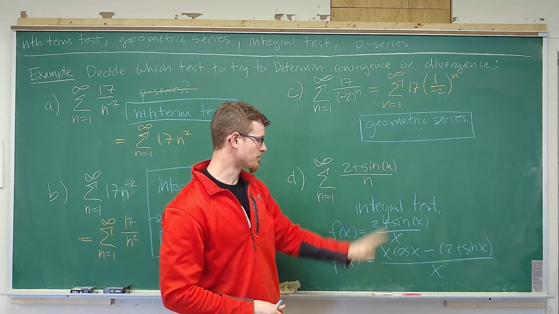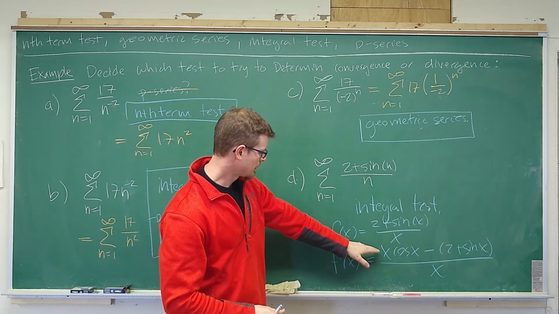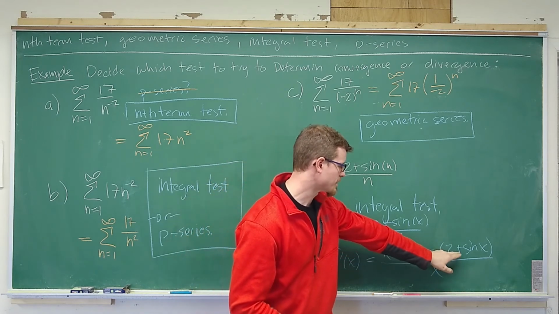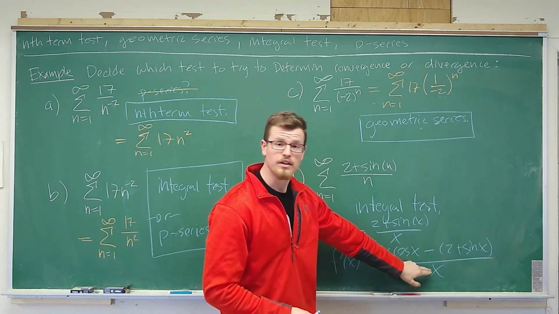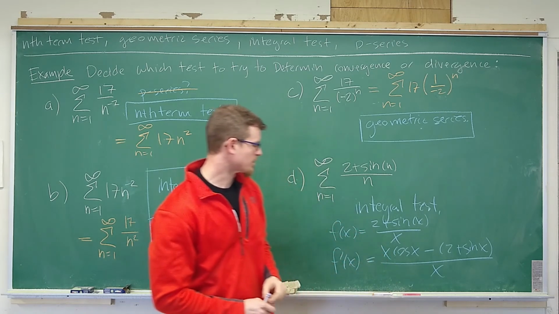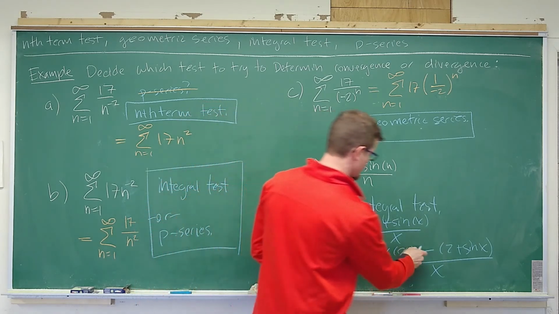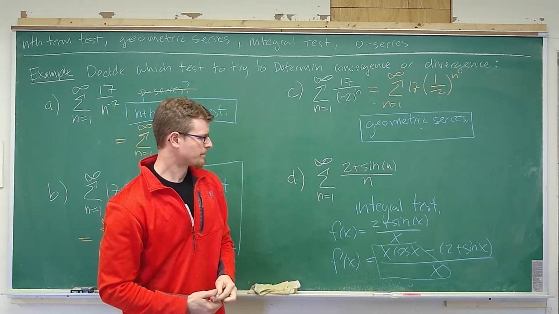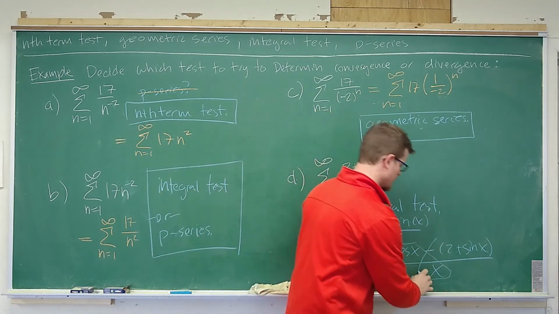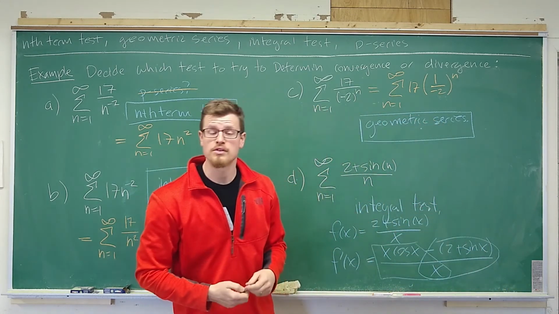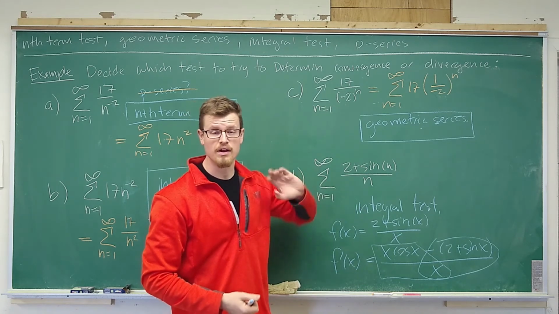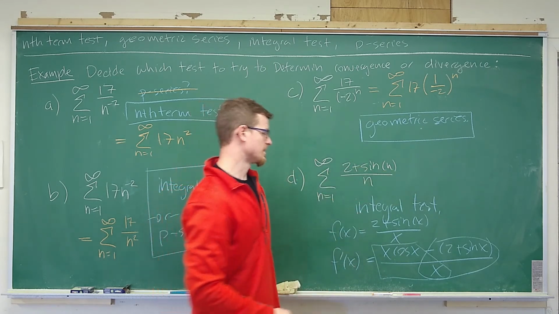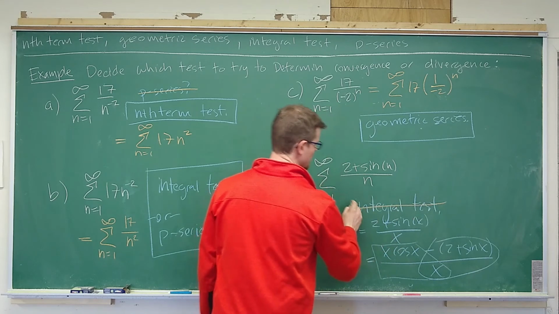So overall, this is going to go positive and negative, because x times cosine x will overtake 2 plus sine x. Anyway, the point is you'll end up with positive and negative values in the derivative as you continue on, telling us that this is not a strictly decreasing function, so the integral test cannot be applied.